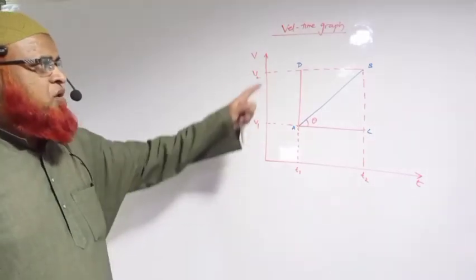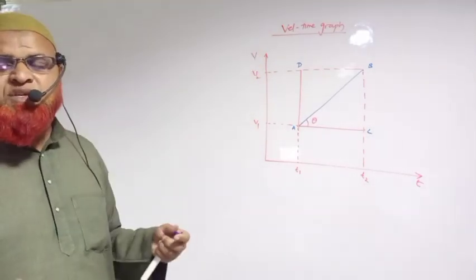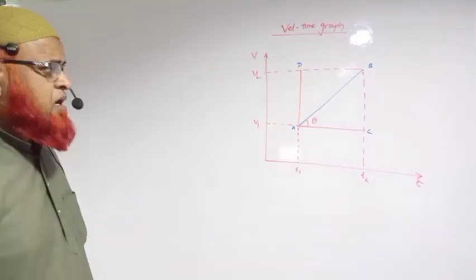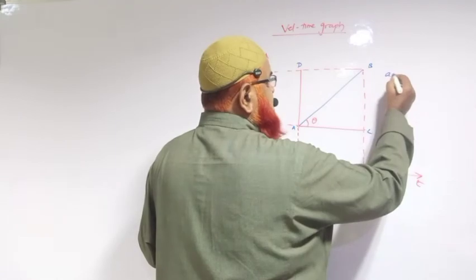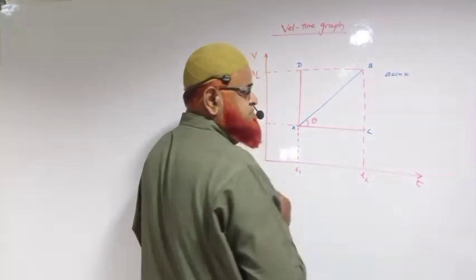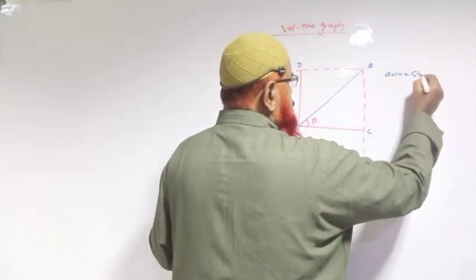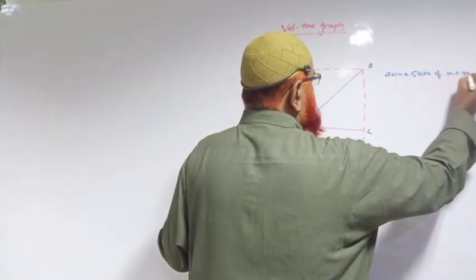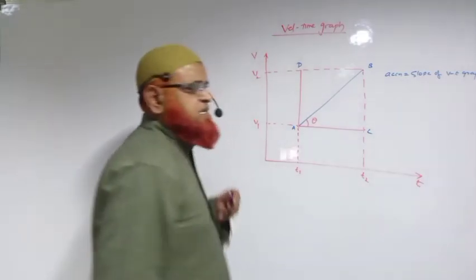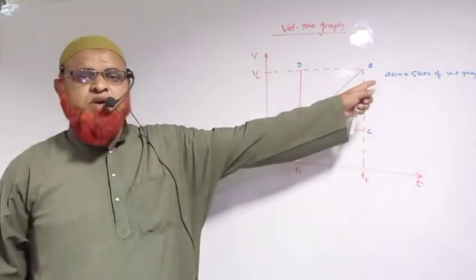Now, in velocity time graphs, what are the things you are going to get here? Now you just remember one thing here. Acceleration, if you want to find out, acceleration is equal to the slope of the VT graph. If you want to find out acceleration, you have to find the slope of the VT graph.